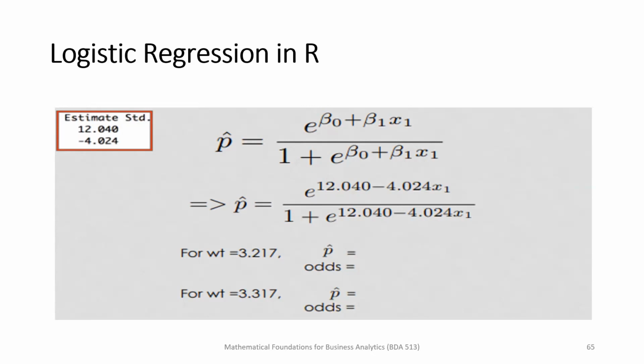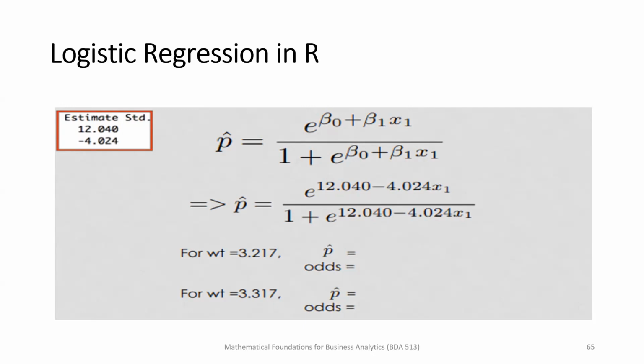So all that we are doing here now is just to calculate the probability, but I wanted to go a step further. Are we okay with the probability? So the probability of the car being automatic for the weight of 3.217 is 28%.